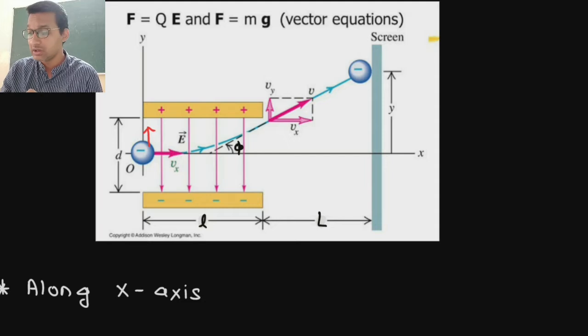Now it has horizontal velocity and vertical velocity because of the electric force, and it will move towards a screen which is at a distance L from the plates, and it will strike that screen. Whenever it strikes that screen, it will illuminate that screen, and we will know where exactly it has struck on the screen.